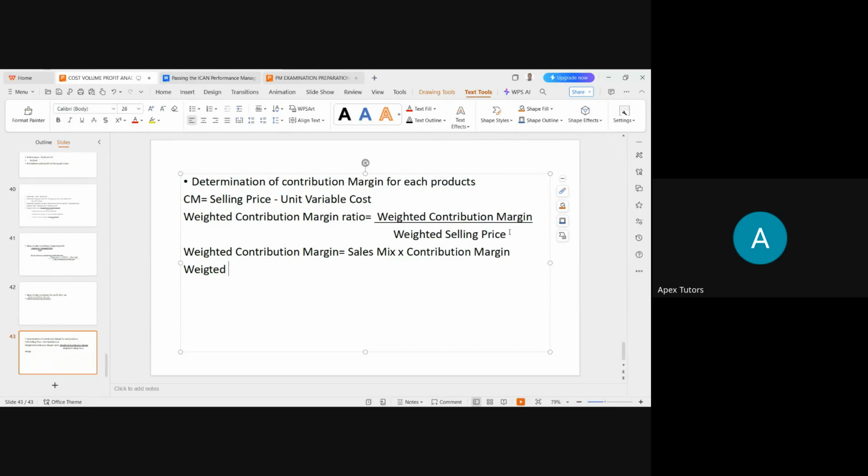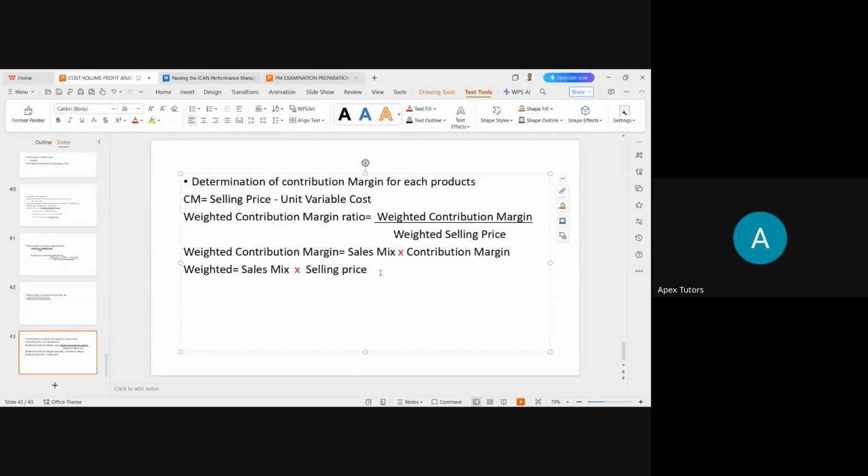It is sales mix multiplied by selling price. Let's put this in red. Sales mix multiplied by selling price.